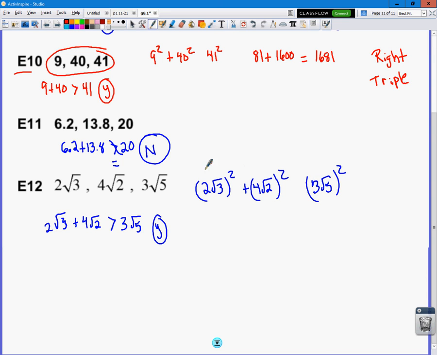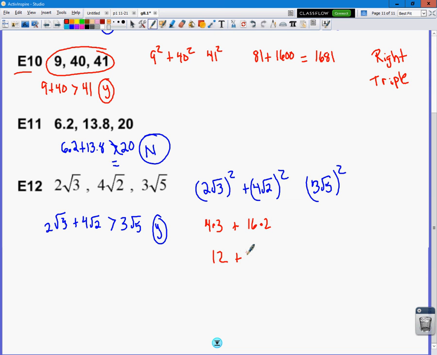Again, remember that when you're doing this, you're basically squaring each individual piece. What is 2 squared? 4. And the square root of 3 squared is 3. And that's 12. What is 4 squared? And the square root of 2 squared is?